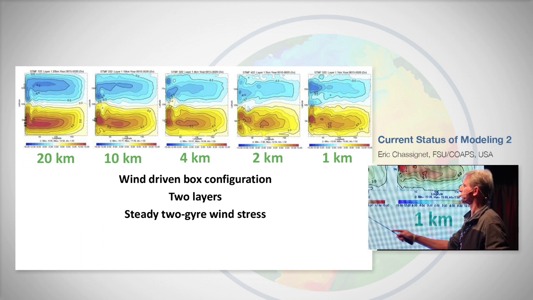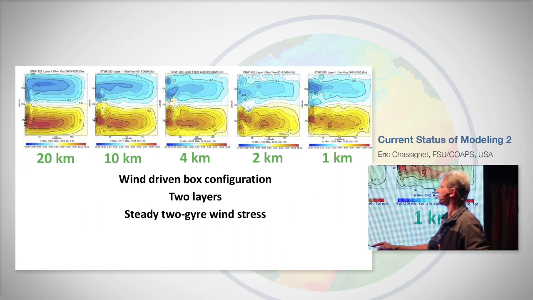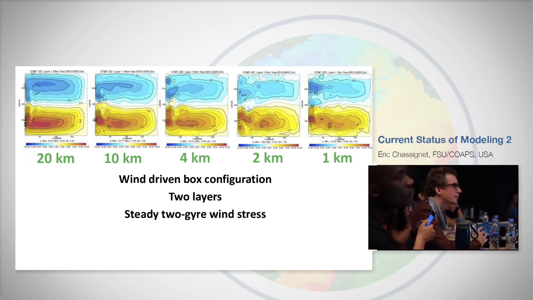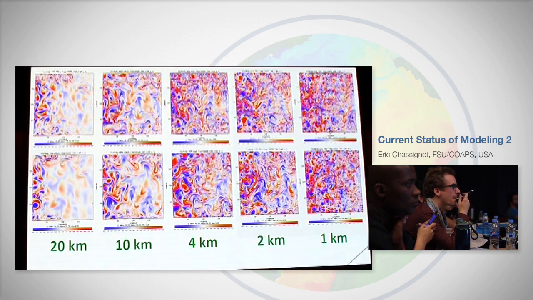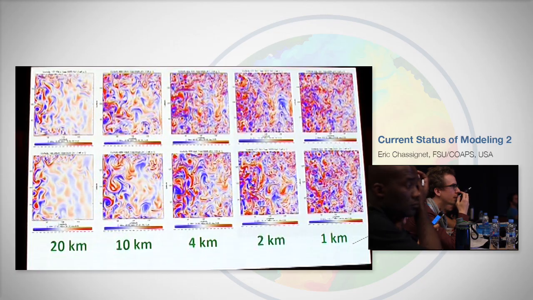And what we've done, very simple, basic stuff, we increase the resolution: 20 kilometer, 10 kilometer, 4, 2, and 1. So this is a stream function. Overall, you retain the two-gyre configuration, even if there are some different things. So here's the movie, and that maybe gives you a little better idea of also what's happening.